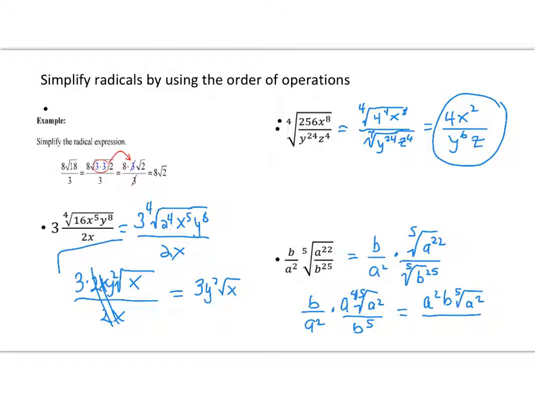And then b goes in here, b to the 4th power. Right? So the b's cancel. This b is not there. I'm sorry. So this is the answer that we get for this particular problem.